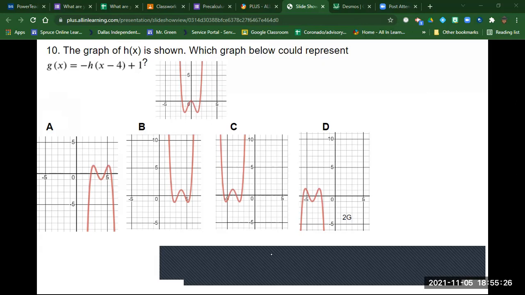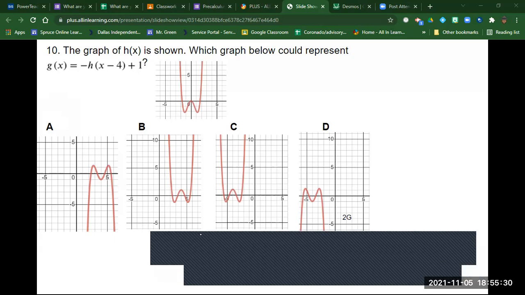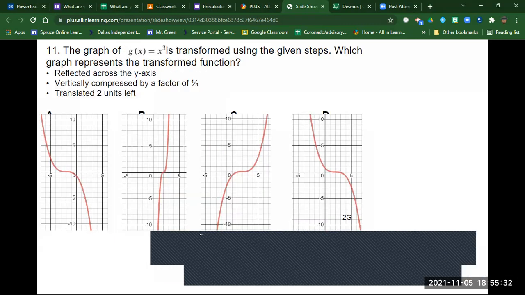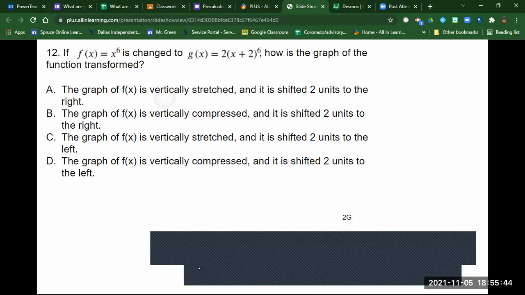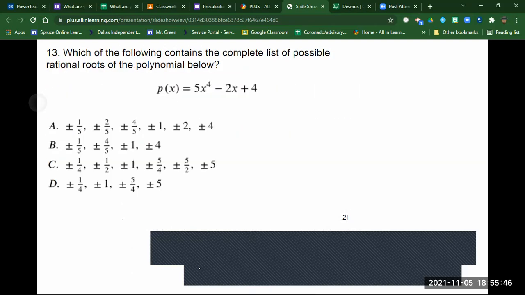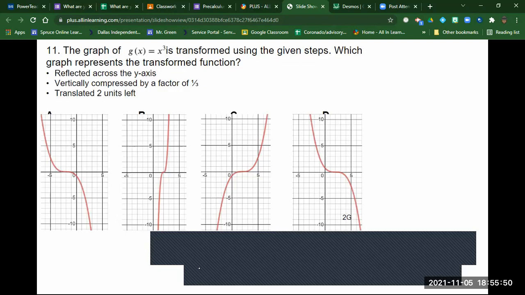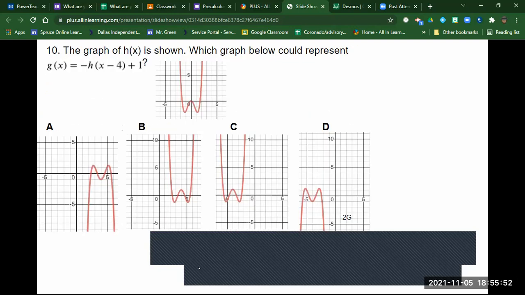What can represent this? Hold on, let's get back to one. Yeah, here we go. Whoops, wait a minute, let's go back. All right, this is what we're doing. We'll get to that one in just a minute.